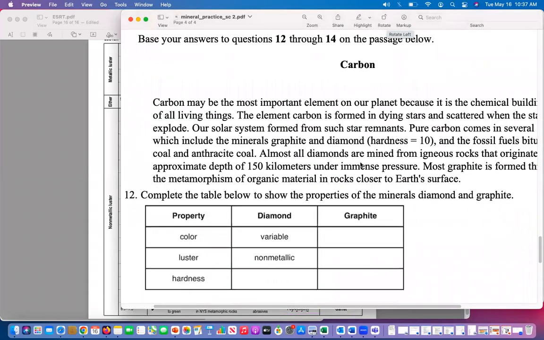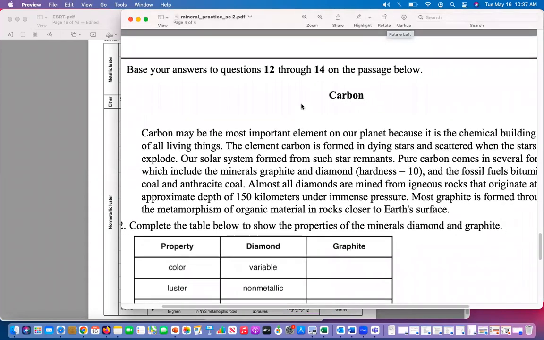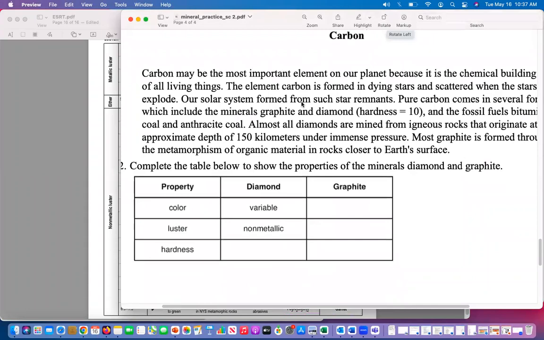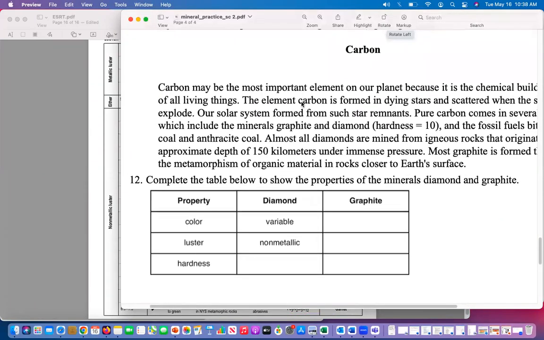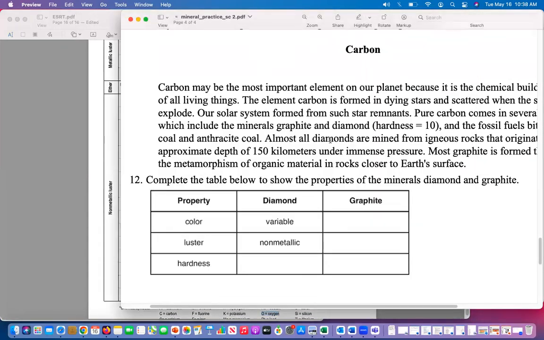Number 12. It says, use the passage to answer questions 12 through 14. Complete the table below to show the properties of the minerals diamond and graphite.